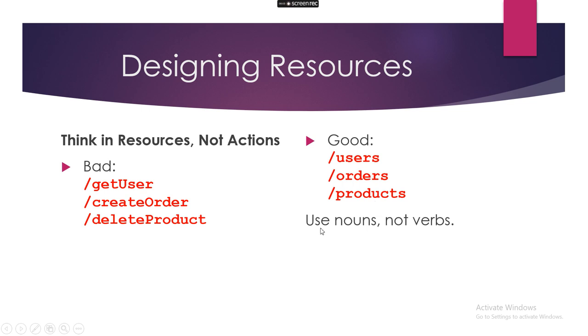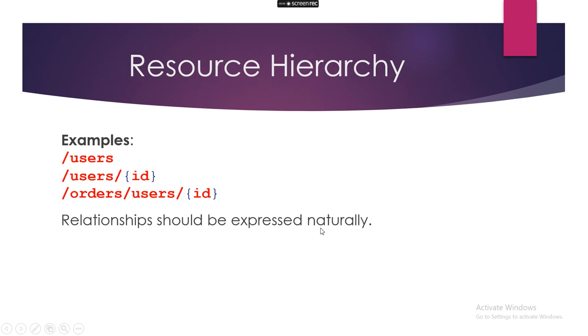So we're also going to see the different hierarchy, which is the next slide, and you're going to see the different ways to structure your endpoints in a hierarchical manner, and you're going to have like /users and /users/ID and /users/ID/orders. And it's kind of easy to read this because it is expressed naturally, right?